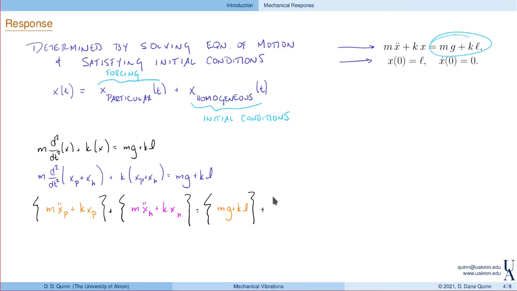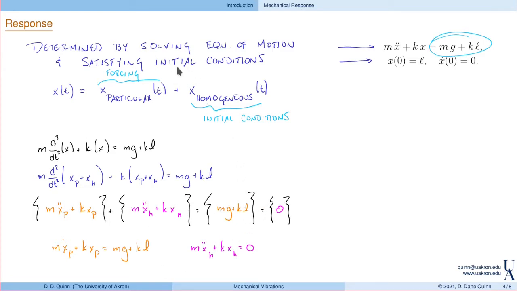And then we don't have anything left over. So these orange pieces will go together, and the pink pieces will go together. So if xp satisfies the following equation, m xp double dot plus k xp equals mg plus kL, and the homogeneous solution satisfies the pink part, then clearly this equation is satisfied.